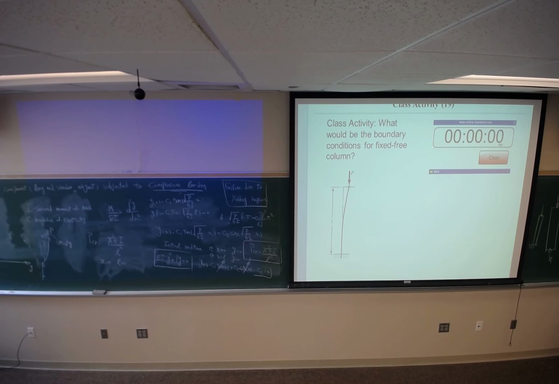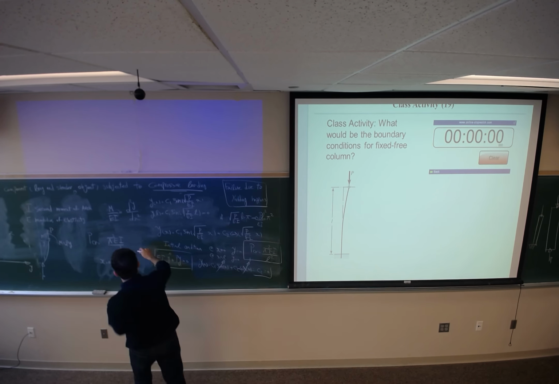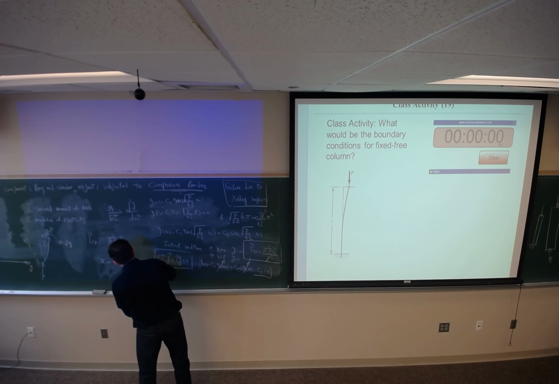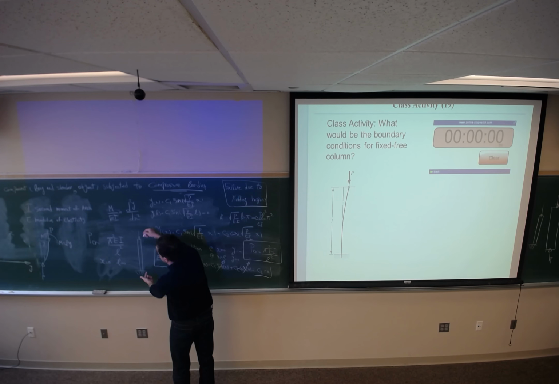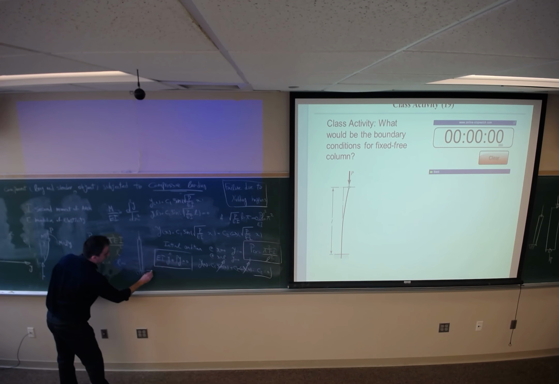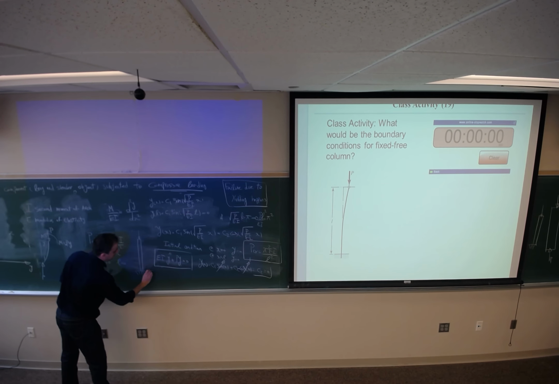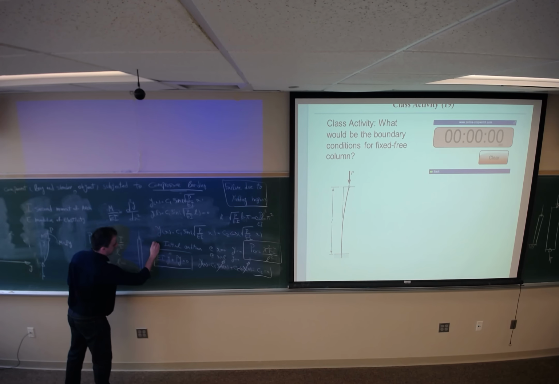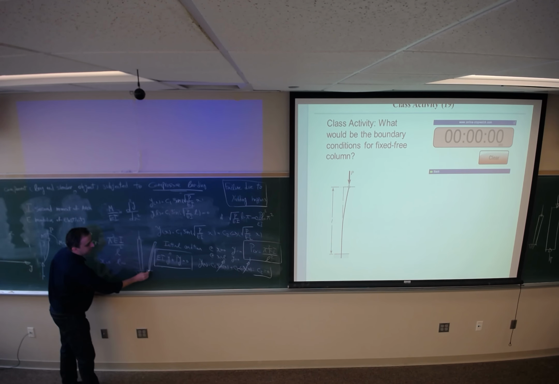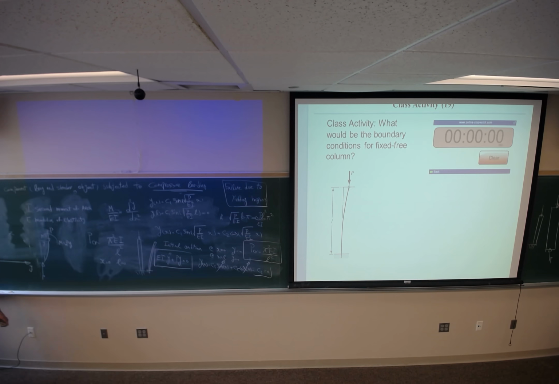At the middle, you mean? Yeah. When you have something like this and you apply the compressive load, if it's large enough, it's going to deflect like this. So the only point which cannot have any deflection would be x equals 0.